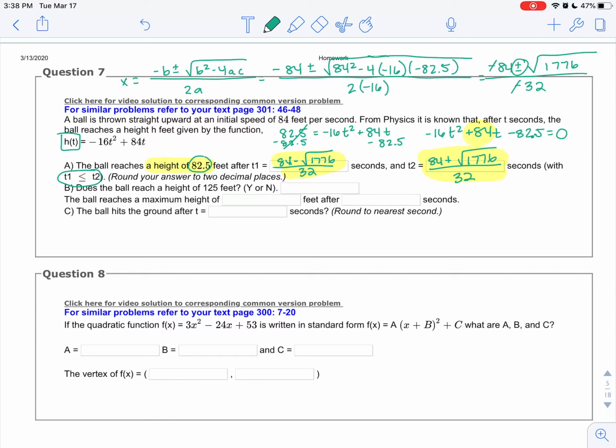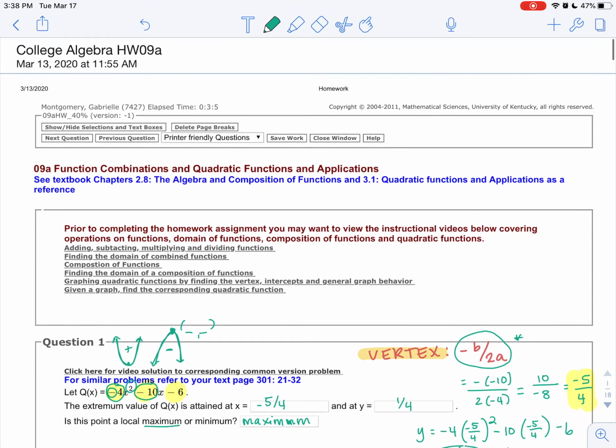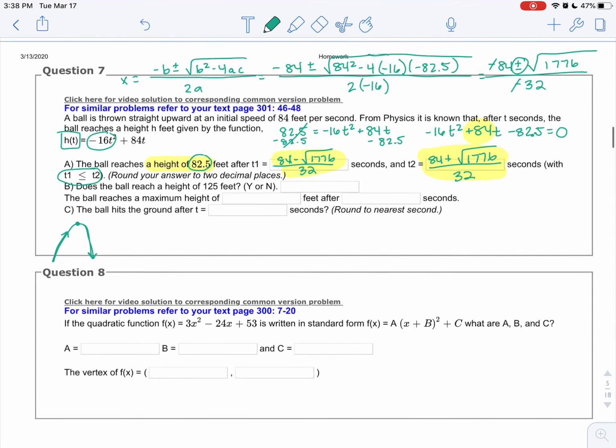Well, we can go back and use what we have here. It's a downward facing parabola, and that makes sense because we're throwing the ball up and then it's going to drop back down. So if we remember how to find the vertex back on question 1, negative b over 2a, we can find what our maximum value is.